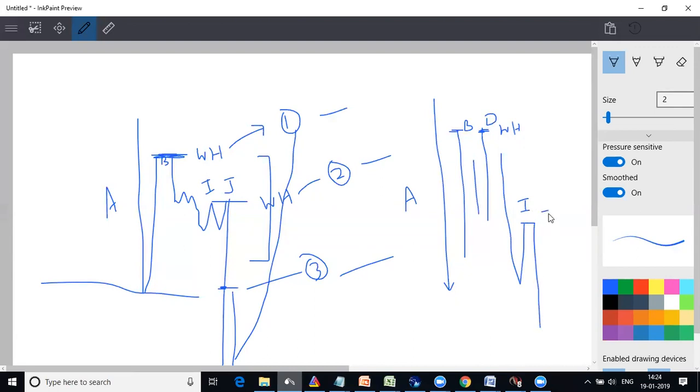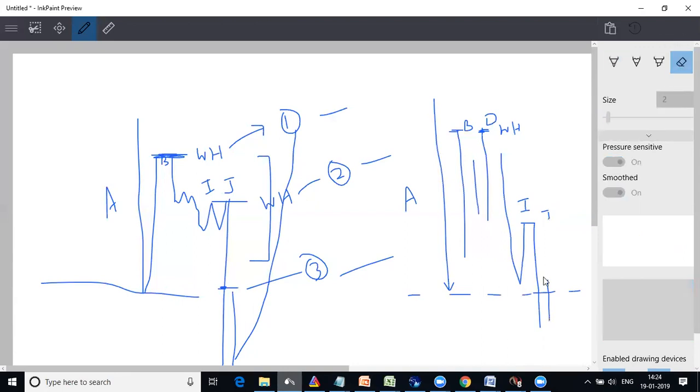J period again sell-off starts, it breaks the A period low. And again, K period, it comes exactly to the previous day high. I assume that this is the previous day high. Price got stopped exactly at that location. K period again, price drops.